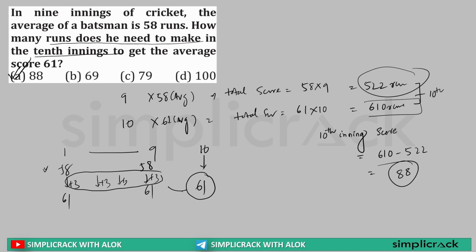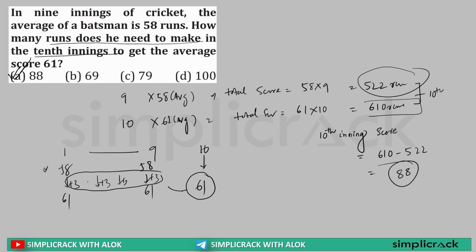Why did that drop happen? Because the runs were taken out of the previous numbers and added to the new one, because the new number was smaller than the average. But here the new number is larger than the average. That is why the average has increased. So what is the addition?